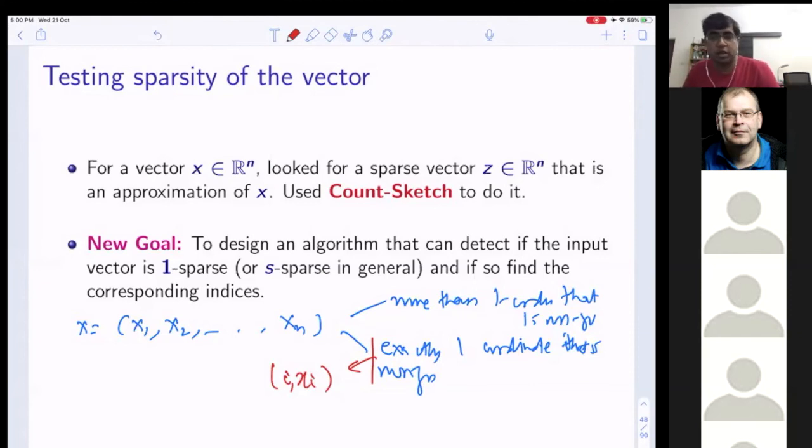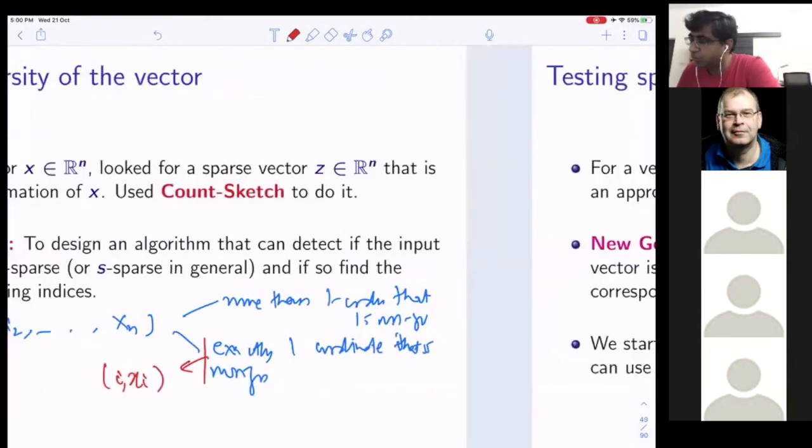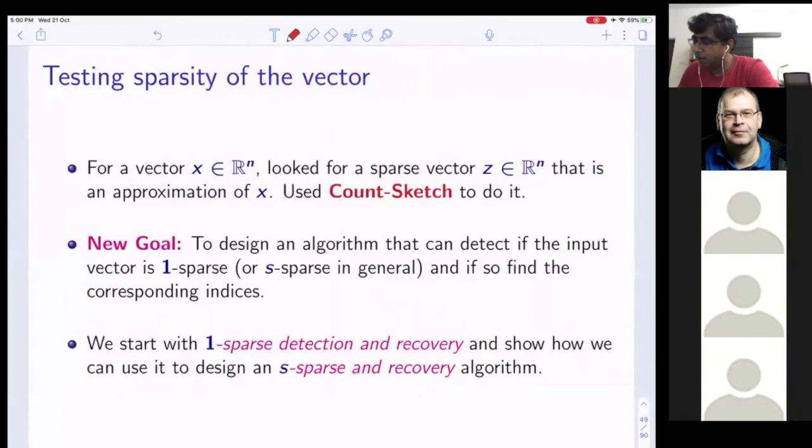Now we'll start with this notion of what is called 1-sparse detection and recovery, and how we can use it to design an s-sparse recovery algorithm. I will not focus on this today that much, but let's focus on this.